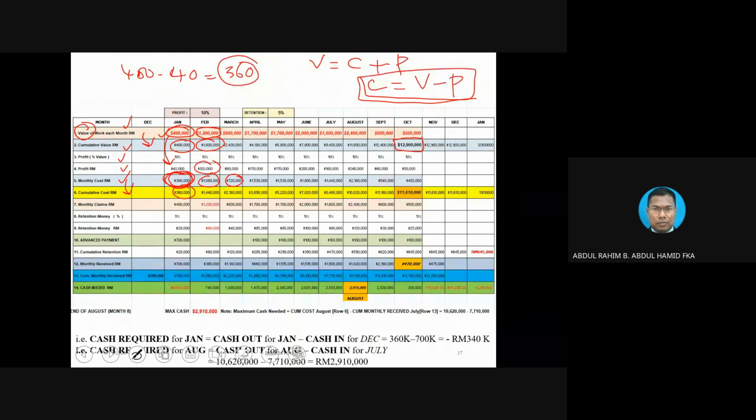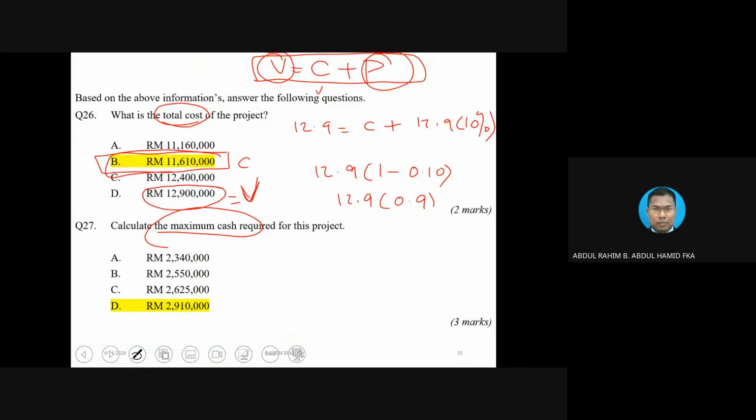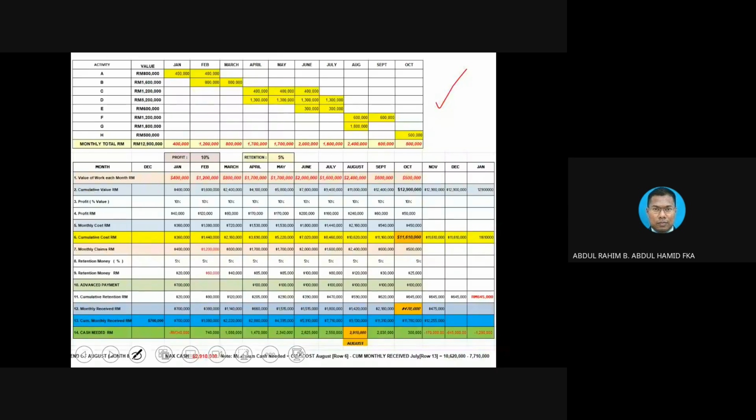Put the 360 on the first, January, and then subsequently for February, 360 plus 1080, then you get this amount. And you notice that here, you get 11,610, exactly the same thing that we already calculated here. If you don't believe me, you just use this formula. You will get the same amount.